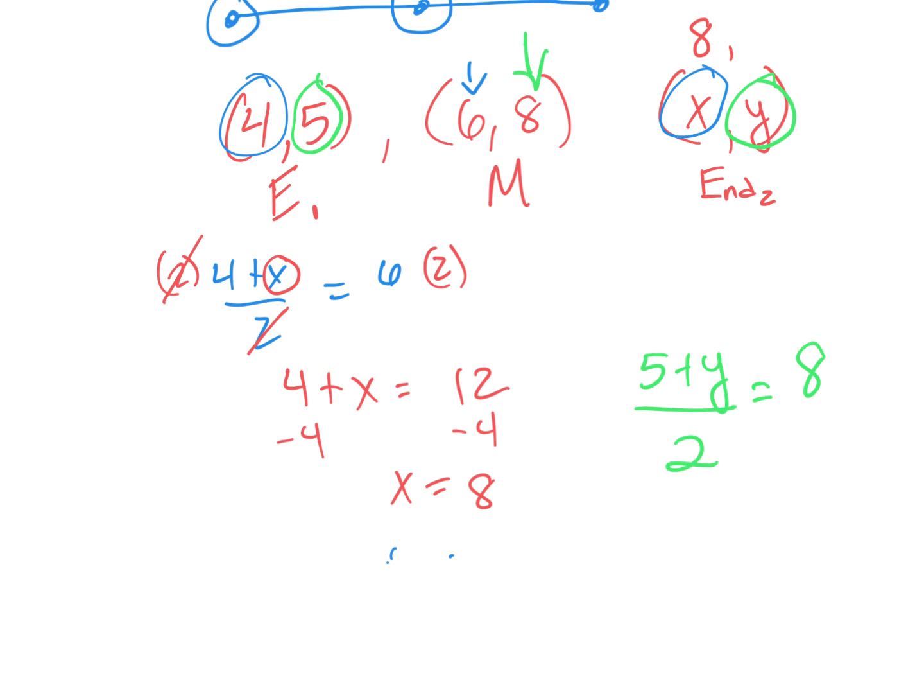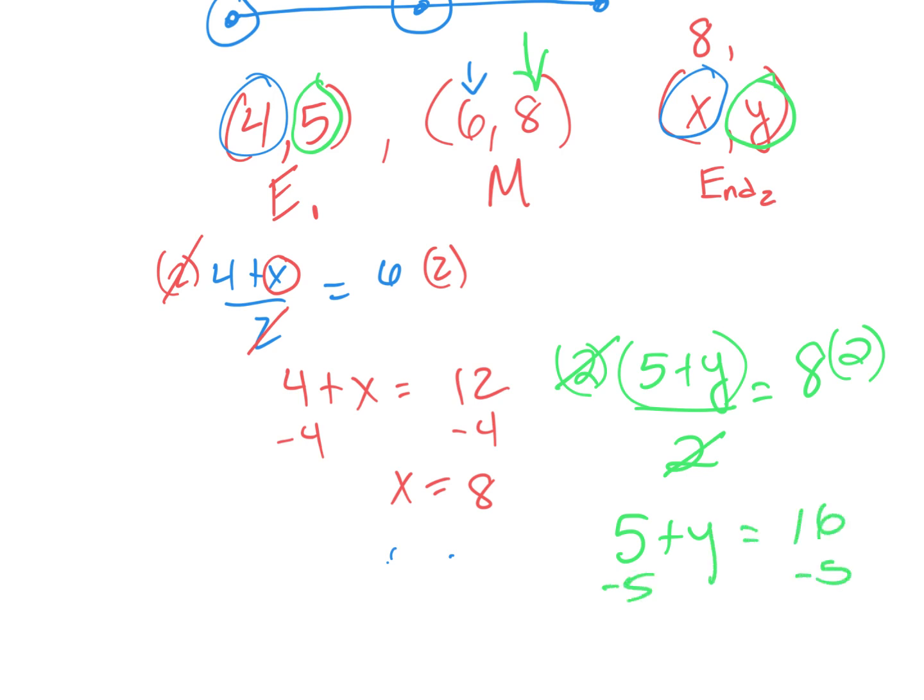So just like before, we multiply both sides by 2. This is going to be standard procedure. These 2's bite the dust. We get 5 plus y equals 16. You subtract 5, and you get y equals 11. So the answer is going to be 8, 11.